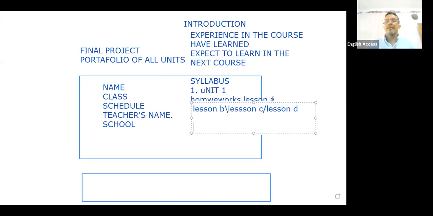For example, this is going to be page 3, an example. Page 4. And then you continue with the rest, unit 2, unit 3, unit 4, unit 5, etc.